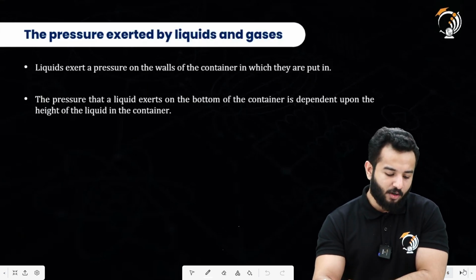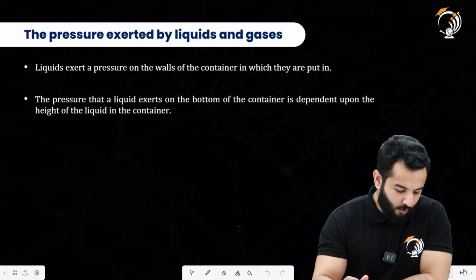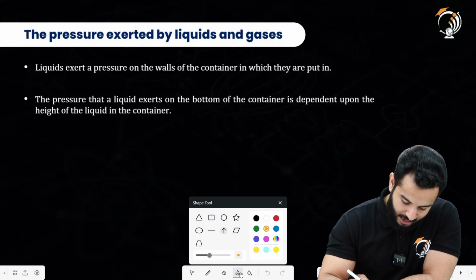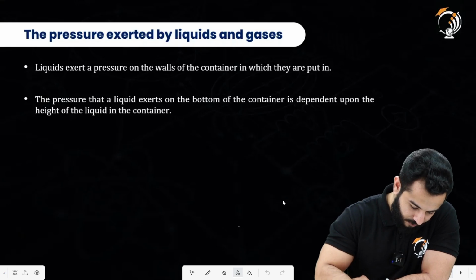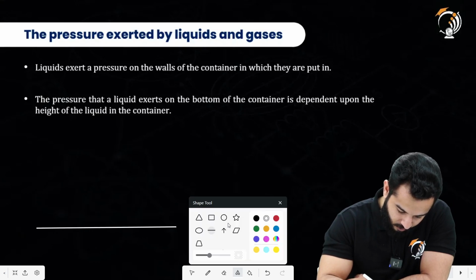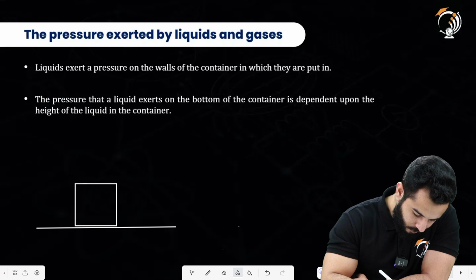After that, we are going to talk about pressure exerted by liquids and gases. Let's suppose that we have a solid body which is kept on a surface, something like this. Let's say this is the surface, and on this we have a cuboidal body.